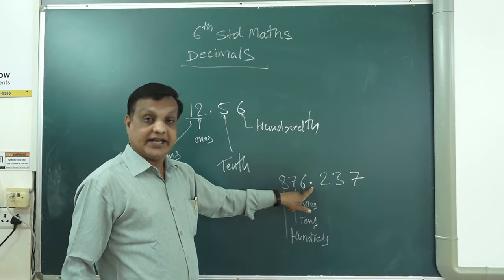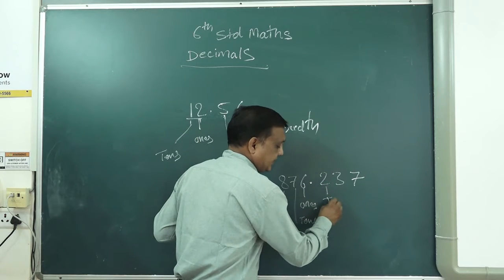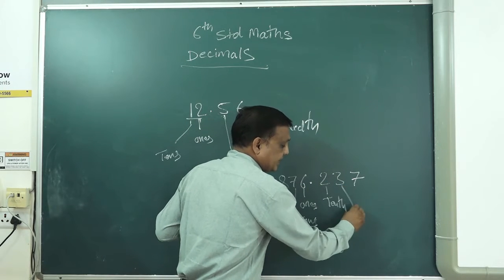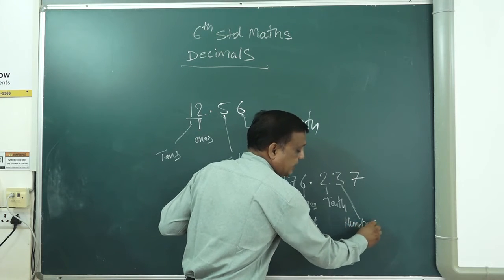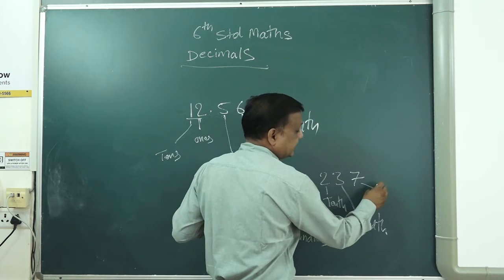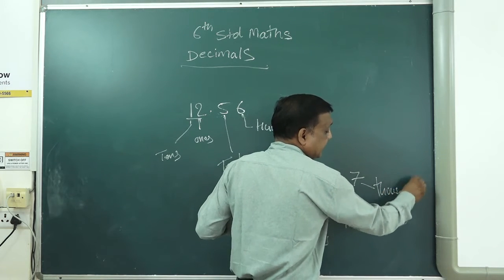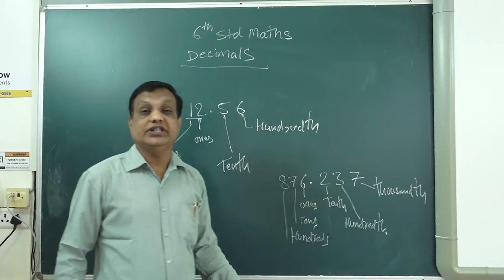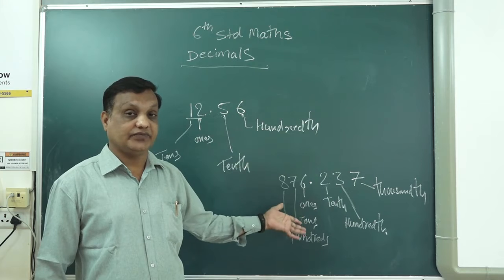Now, after the decimal, the first digit is tenth, T-E-N-T-H. The second digit is hundredth, H-U-N-D-R-E-D-T-H. And the third digit is thousandth, T-H-O-U-S-A-N-D-T-H. So this is the place of the decimal digits.